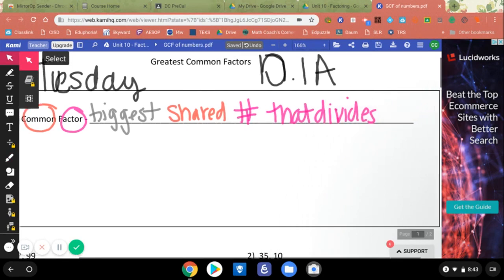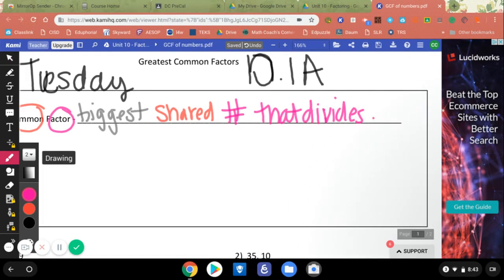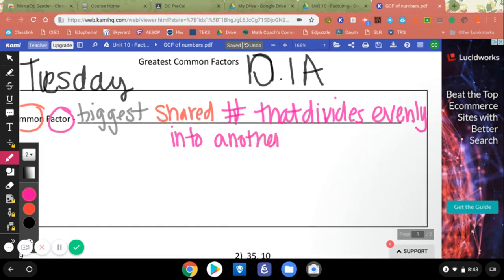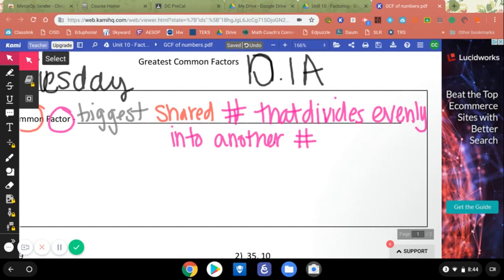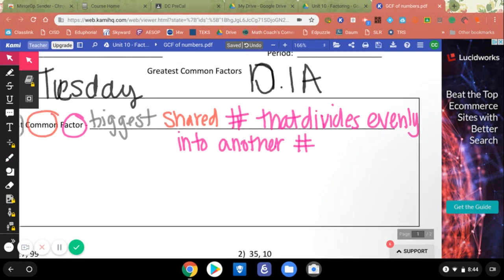So a factor is a number that divides evenly into another number. Okay, so the greatest common factor is the biggest shared number that divides evenly into another number.